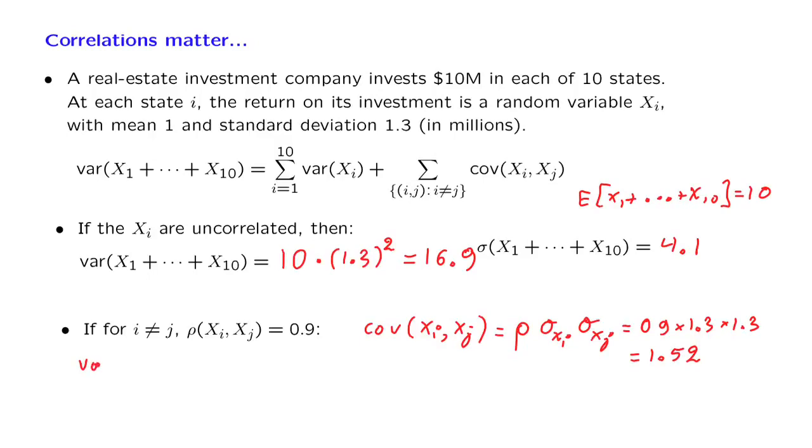And in that case, the variance of the sum, using this formula here, is going to be equal to 10 times the variance that you have in each state, which is 1.3 squared, plus you have a bunch of terms here. How many terms? There's 90 of them. And each one of these terms is equal to 1.52.